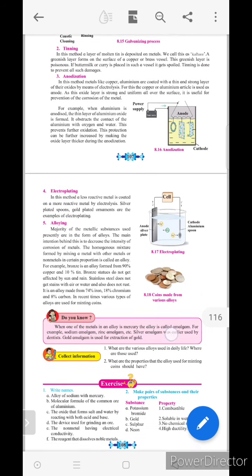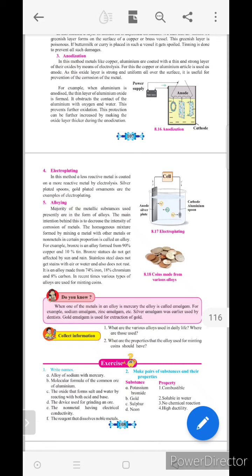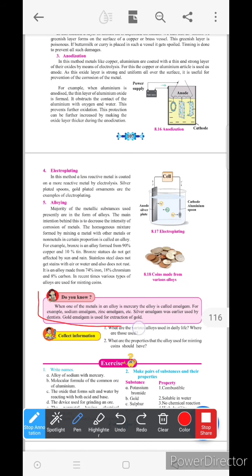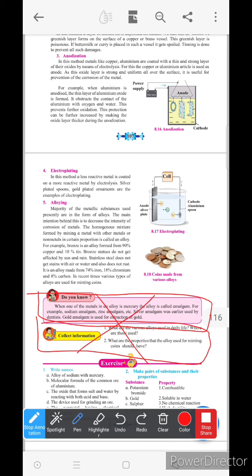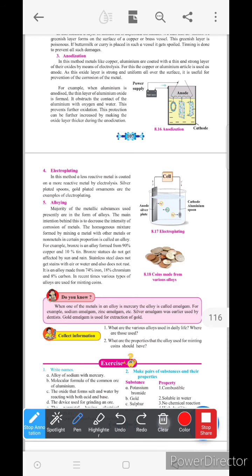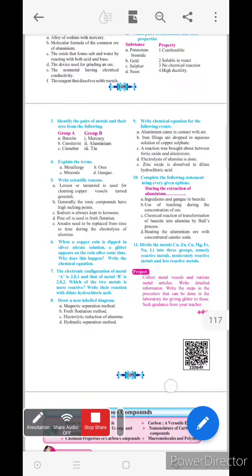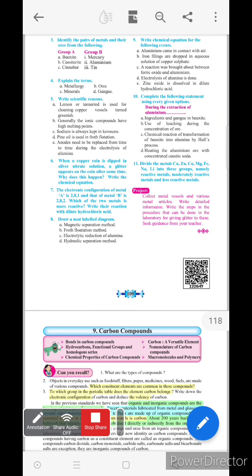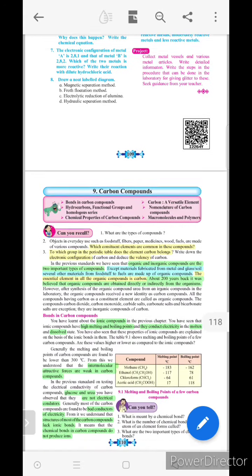Now directly we will move on to page number 108, and again the pink color box and the yellow color box, these two topics are also removed from your syllabus. And here lesson number 8 is completed. Now we will move on to lesson number 9, page number 110.